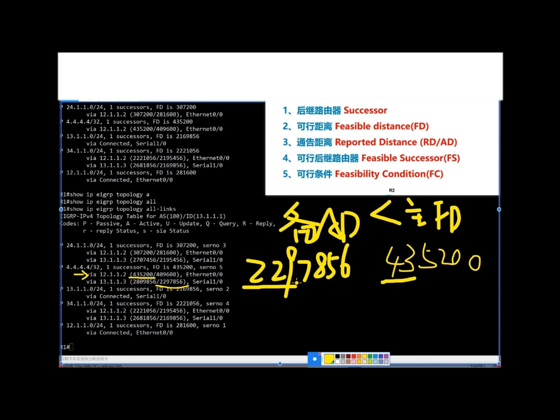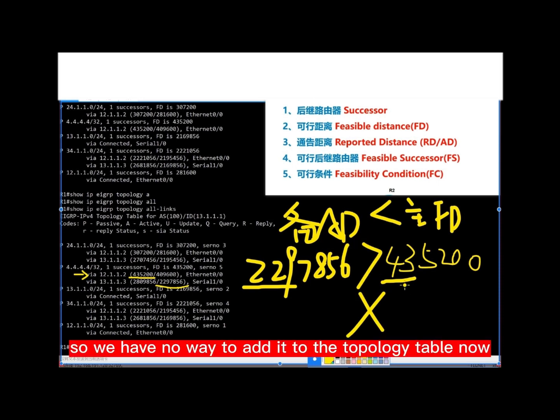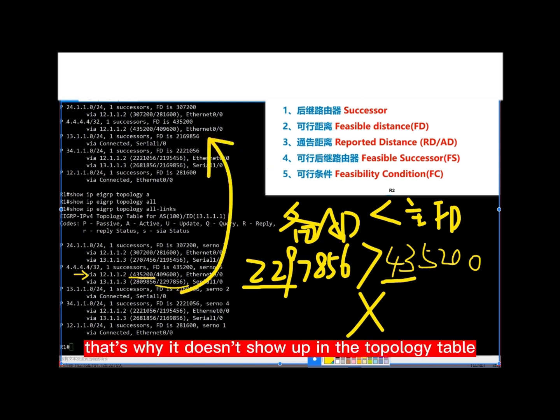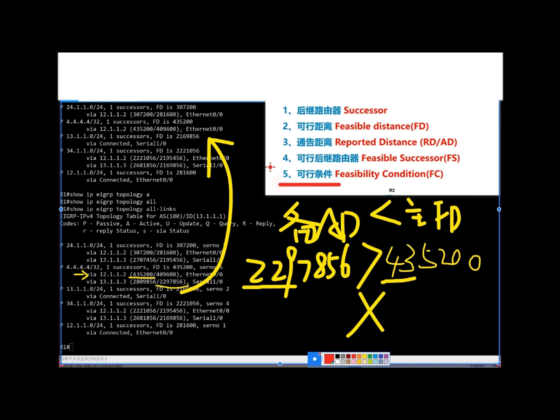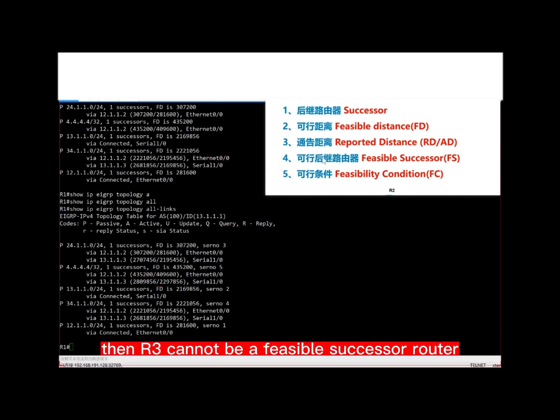But now, obviously it doesn't satisfy the condition. So we have no way to add it to the topology table now. That's why it doesn't show up in the topology table. Because it does not satisfy the feasible condition. Then R3 cannot be a feasible successor router.